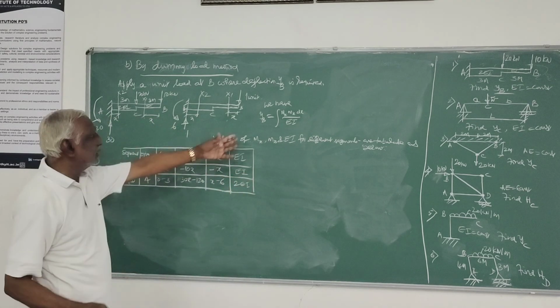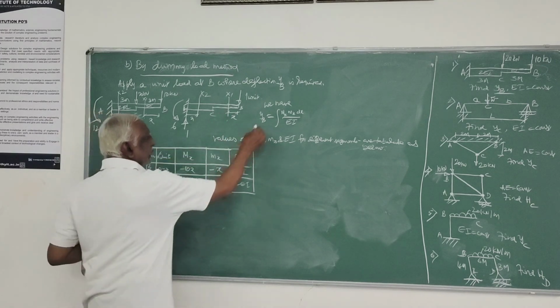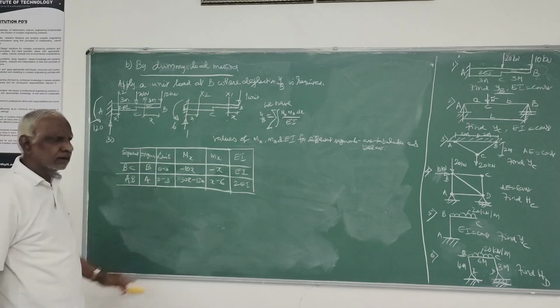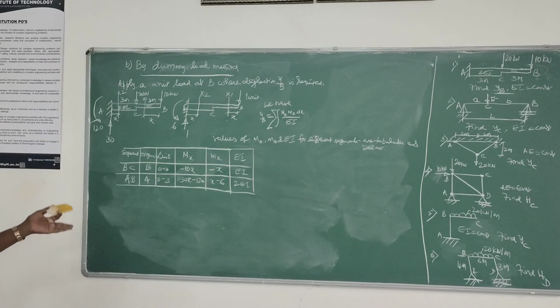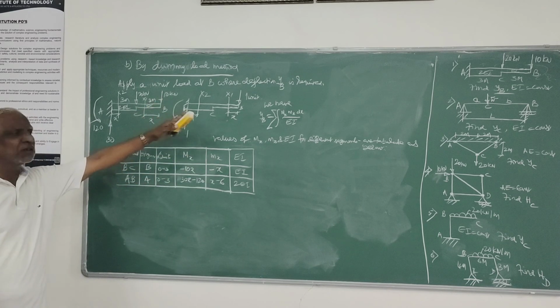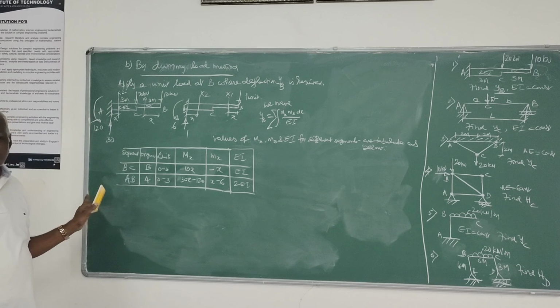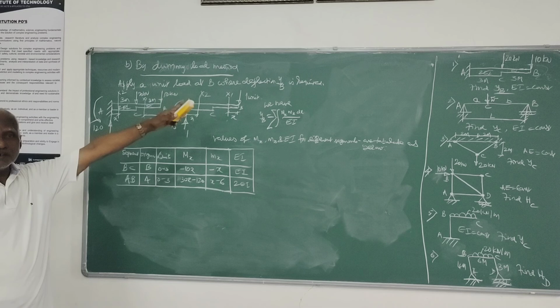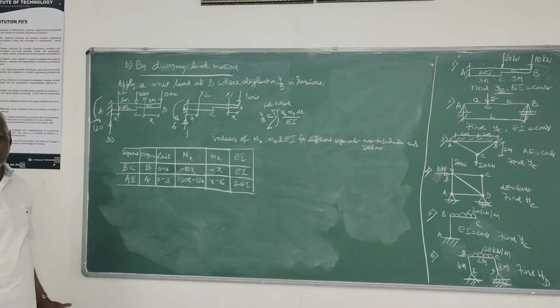Now you substitute these values here. You will get this summation for all the segments, sigma. Do it. That's all. It's only a question of integration, nothing other than that. Integration and these moments you have to take. There you are applying a dummy load, here you are applying a unit dummy load.